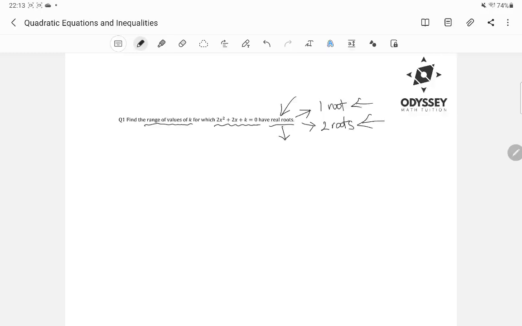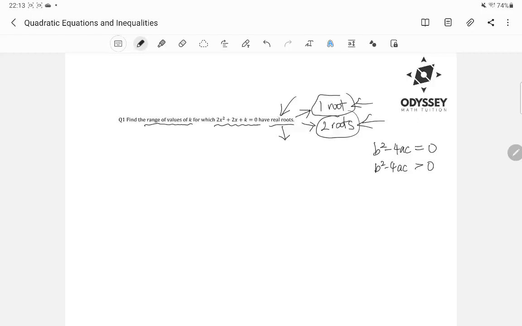We learned that in order to have one root, the discriminant b squared minus 4ac must be equal to 0. To have two roots, the discriminant b squared minus 4ac must be more than 0.